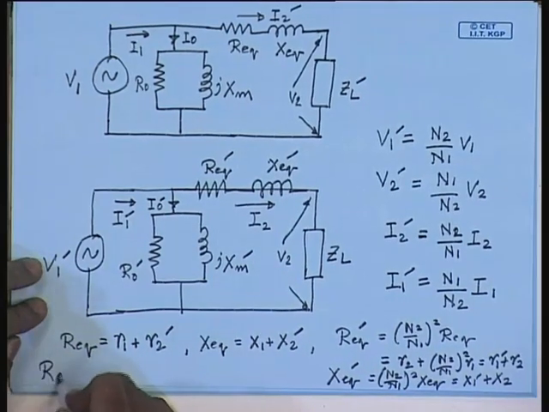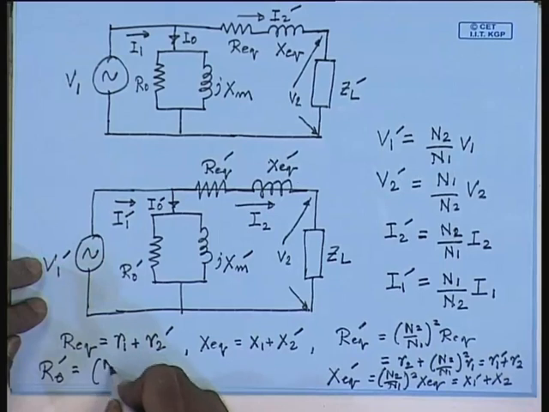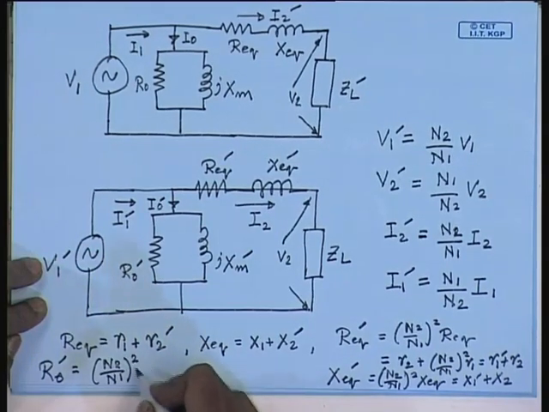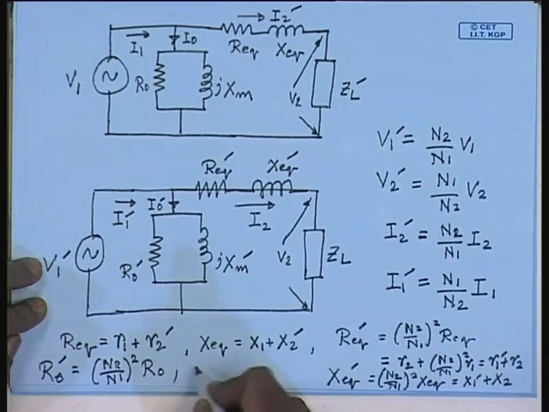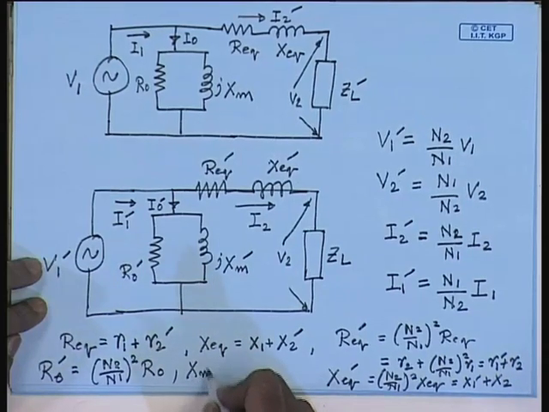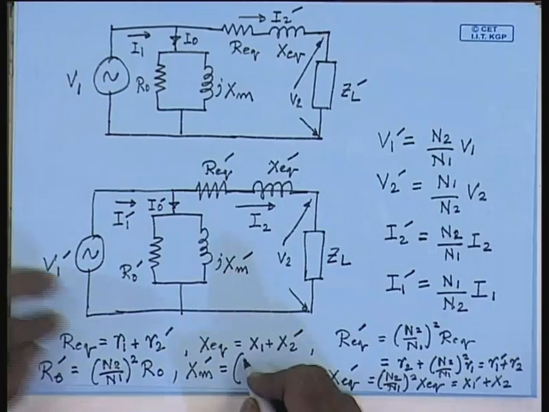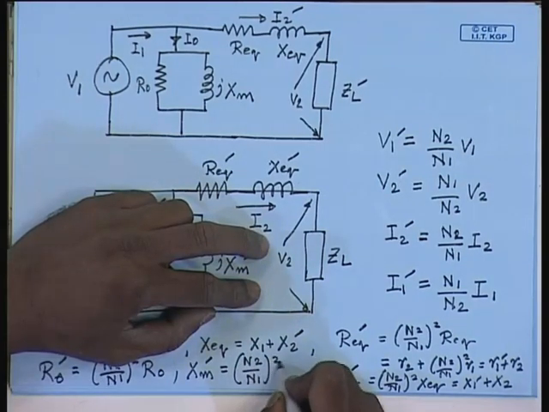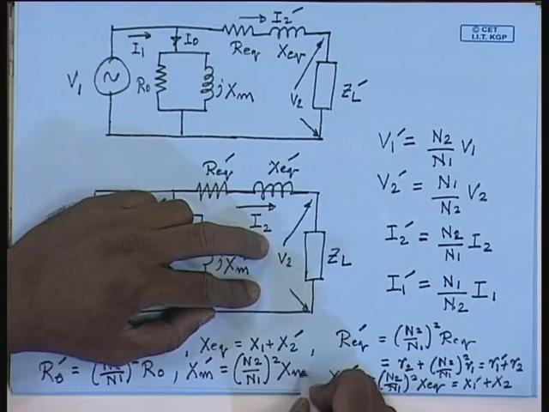R0 dash equal to N2 by N1 square R0 and Xm dash equal to N2 by N1 square Xm.